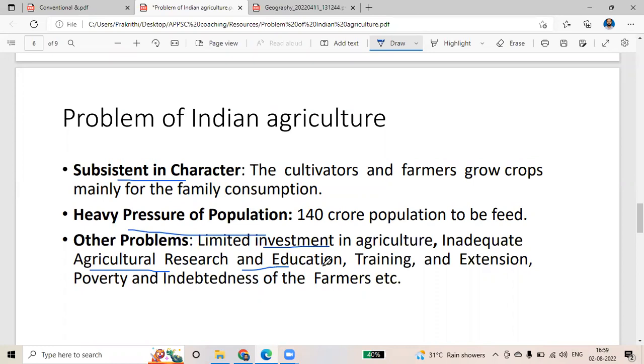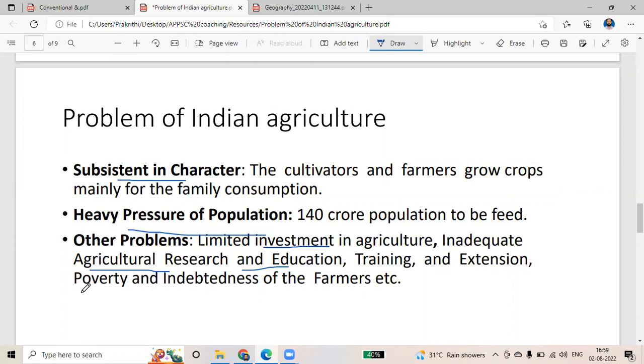Yes, we have Indian Council of Agriculture Research, ICAR जैसा institutions हैं, still we are less in number of research and educational institutes in this agriculture sector. Because of this, training and its extension is comparatively lesser.